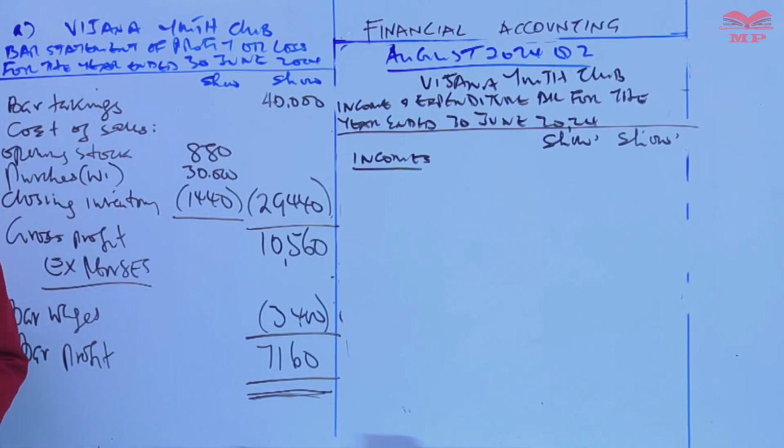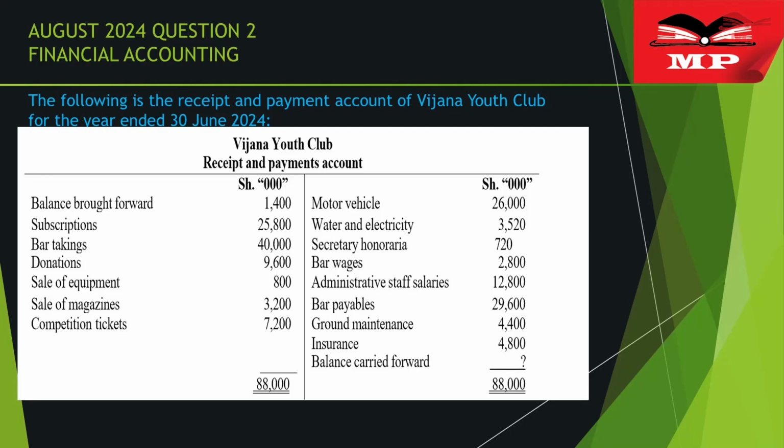Vijana's incomes. Now, to identify the incomes that we need to record here, we check the receipts and payments account. You can see on that account, subscriptions were received of 25.8 million. Do you see that?